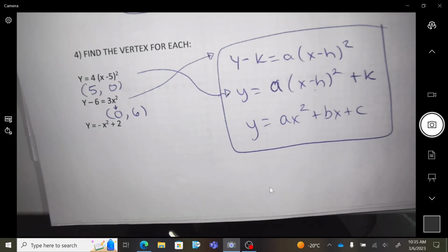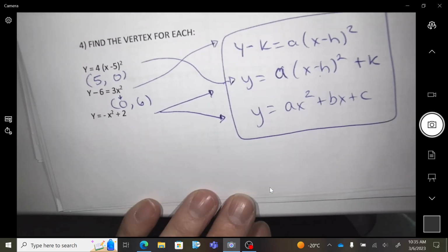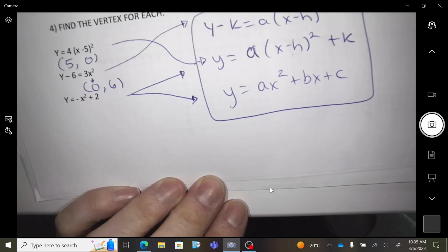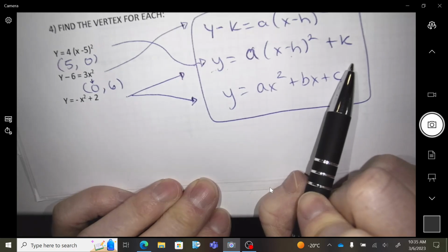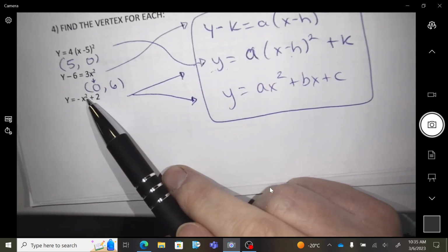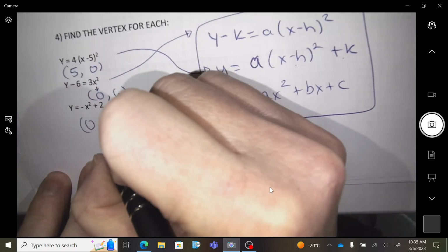Okay, and the last one, you could have looked at it like that or that. If you had looked at it like this, you would have said, oh, there's just an x squared. So 0. And then the plus 2 at the end.